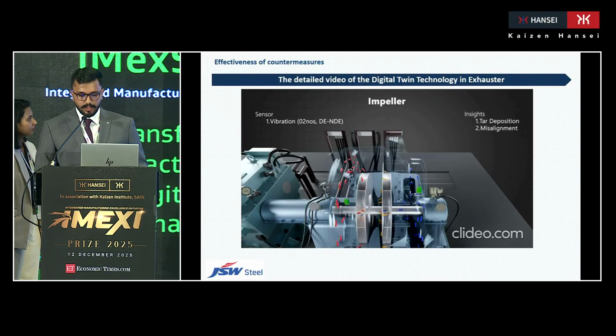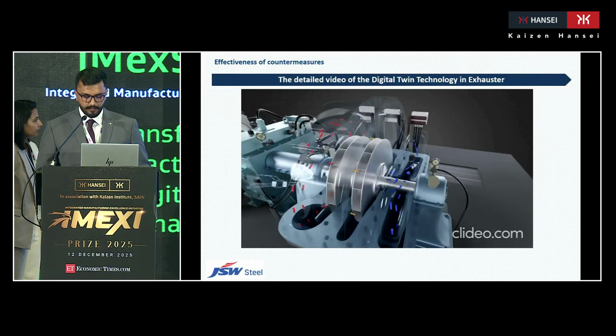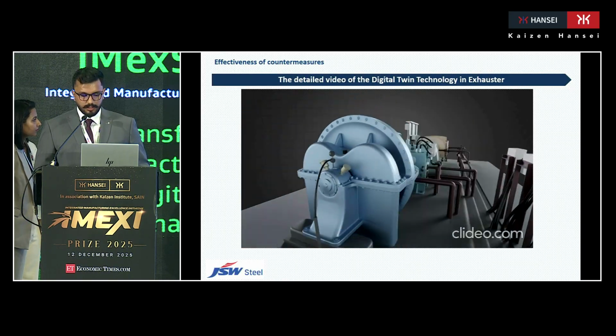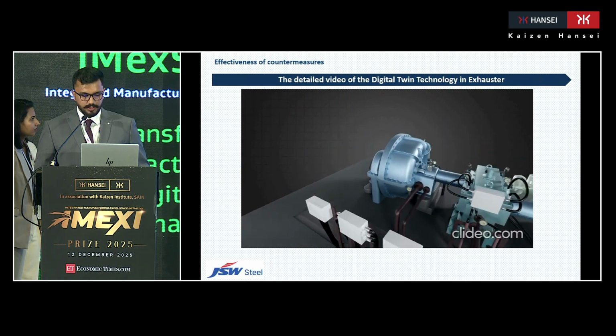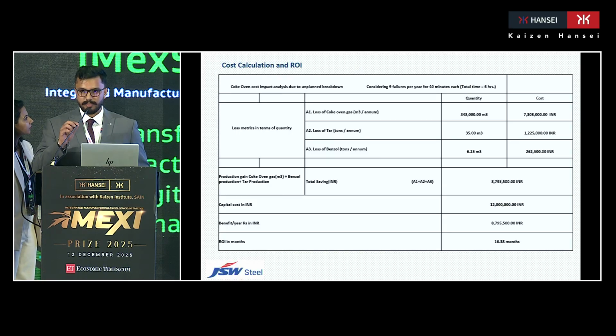Here we have installed two vibration sensors, one on the D side and one on the ND side, and this gives us insights on tar deposition on the impeller units, and also any misalignment in the induced draft fan unit. So here was the animated model of the exhauster unit. Moving forward, we did a cost calculation before the inception of the project.